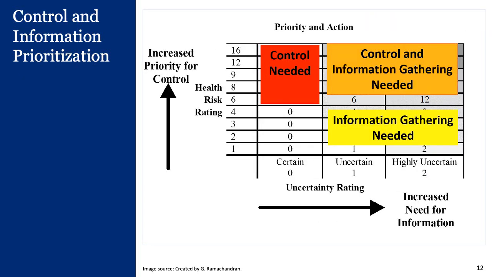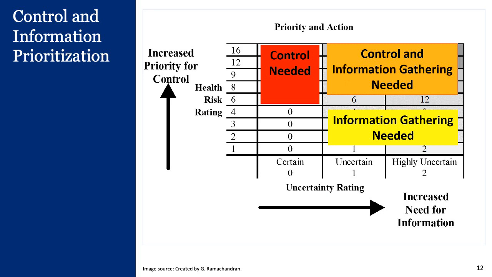So now, using this format, we can say that if we look at the second column, which has an uncertainty rating of 0, or there's great certainty, but you have a high health risk rating, then those are the areas in the workplace where you need to implement additional exposure controls. Those are in the red rectangular box, which says control needed.